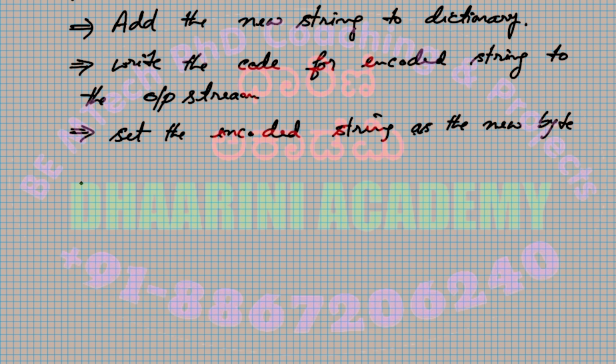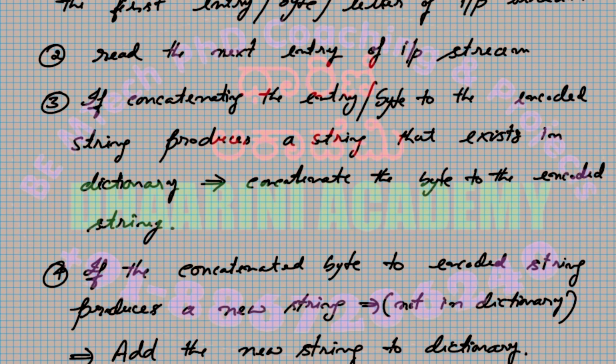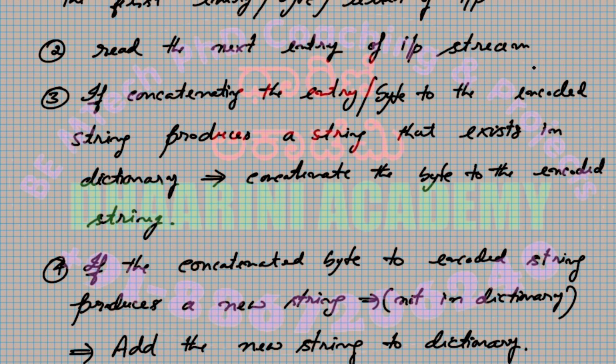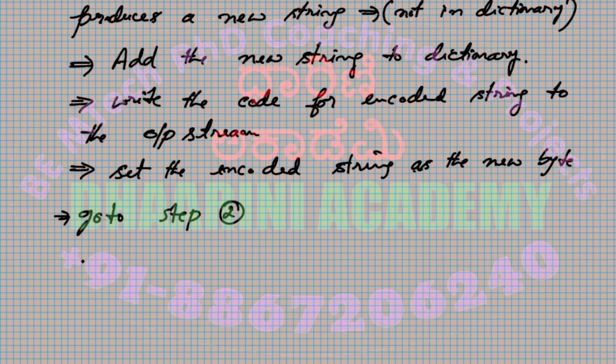Then go to step number 2. That means I read my next entry. So every time you read, you check whether it is this case or this case. One of them. Either you go to step 3 or go to step 4, right after step 2.